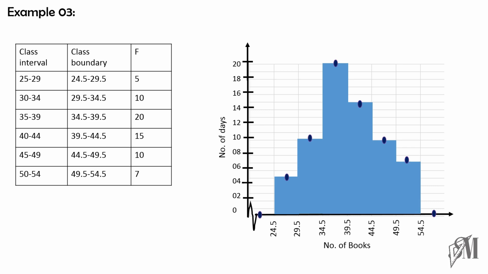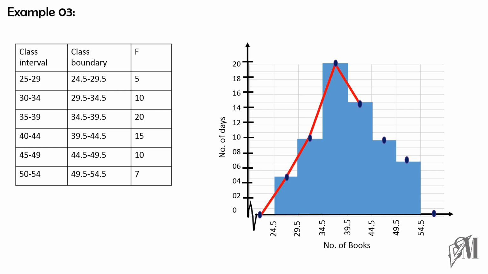So in each class interval you have to mark the midpoints like this, and then on either side of the histogram you have to mark the midpoints on the x-axis. We do this in order to maintain that the area of the frequency polygon and the area of the histogram must be the same. So in order to maintain this equality, we take half from the previous class intervals on either side of the histogram, and then we join the midpoints like this.